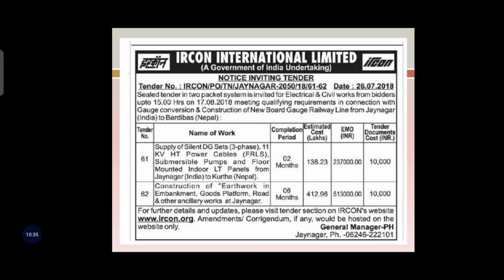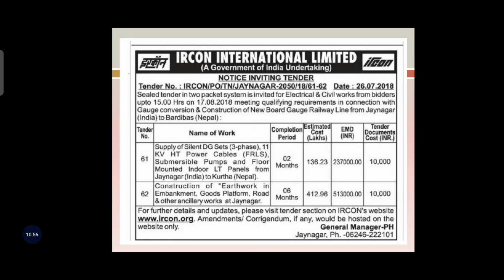Now another one you can see here, that is the Ircon International Limited. So this notice is inviting tender for 2 packets, invited technical and civil works from builders up to 15 hours. Then the meeting qualifying requirement is given here.